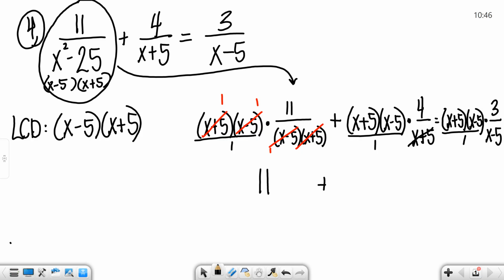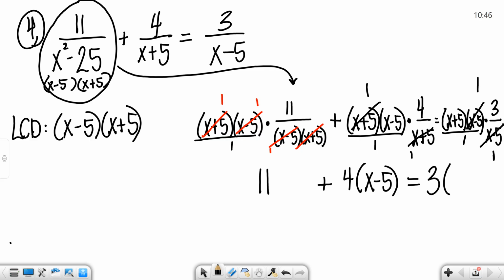Okay, x plus 5 and x plus 5. So I'm left with 4 times x minus 5 in that numerator, 1 in the denominator, equals common factor x minus 5, x minus 5. So I'm left with 3 times x plus 5.